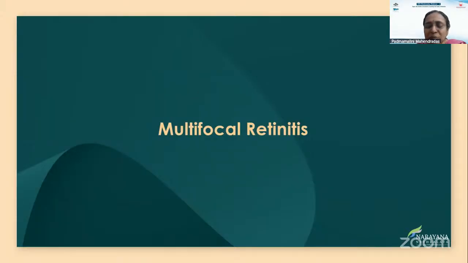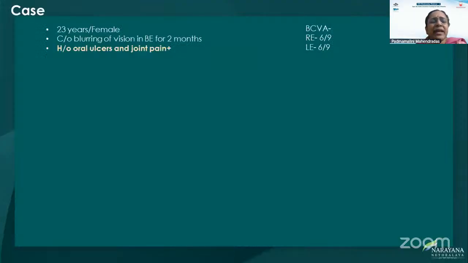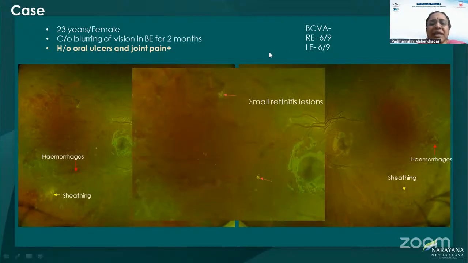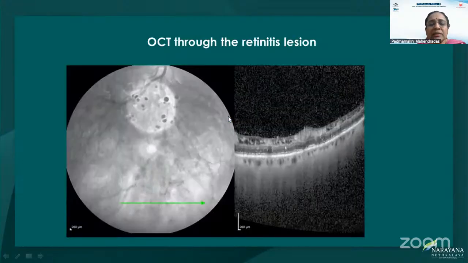Next, we'll move on to multifocal retinitis. Here is a case of a 23-year-old female who presented with blurring of vision and gave a history of oral ulcers associated with joint pain. This fundus photograph shows retinal hemorrhages, sheathing of the vessels, small retinitis lesions, and also dilated tortuous vessels.